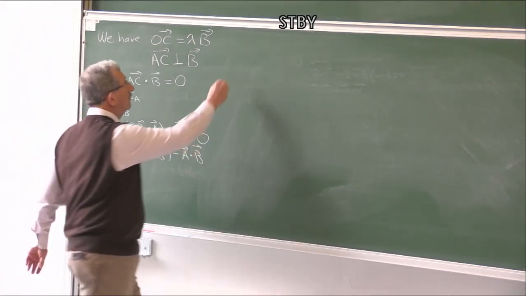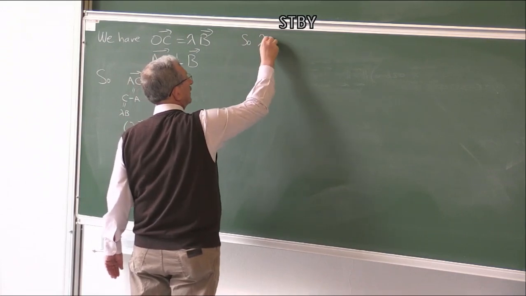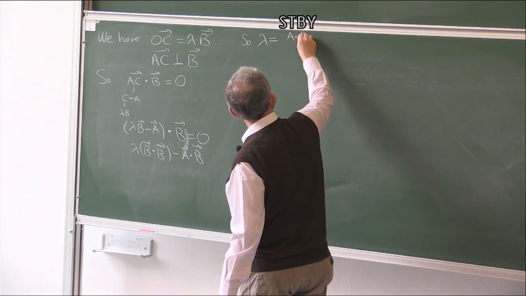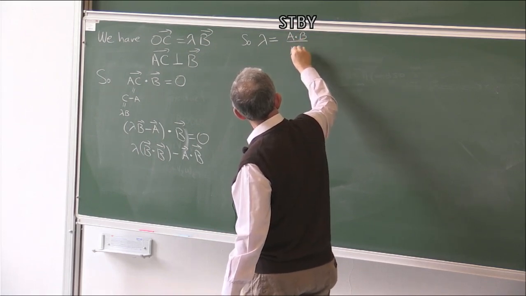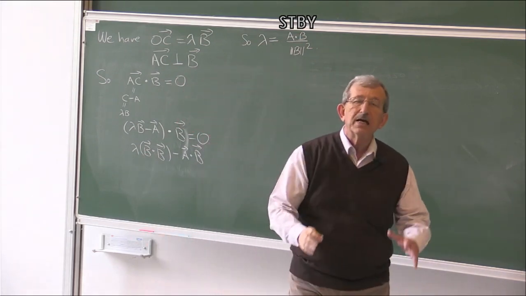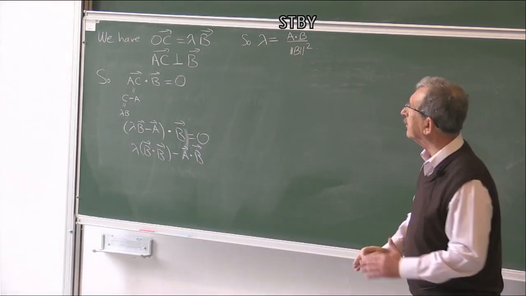But then lambda is A dot B divided by length of B squared, because B inner product B is norm B squared.